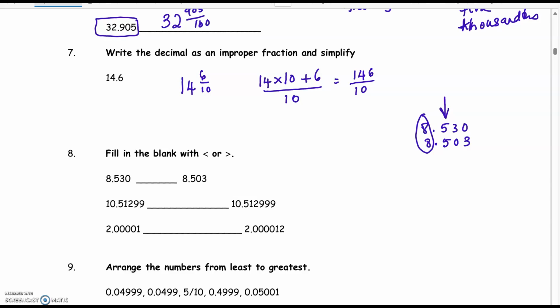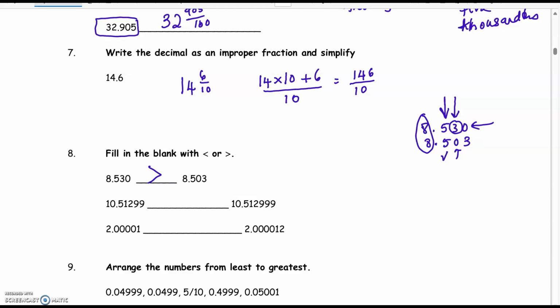We go to the tenths, same, so there's no difference. When we go to the hundredths place, we see that the first number is larger than the second number. We have a 3 here and a 0 here, so that would give us 8.530 is greater than 8.503.